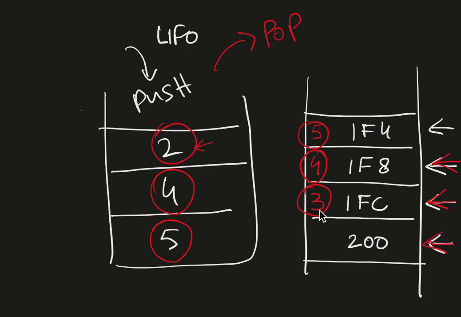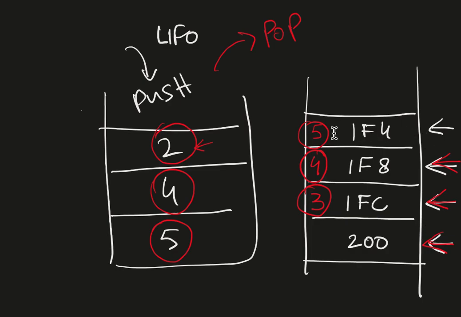So this is how we can push items onto the stack, and as we push, remember the addresses that the stack pointer points to get decremented by 4 bytes. And as we pop, as in take items out of the stack, the ones at the top first, the stack pointer then increments back by 4 bytes.